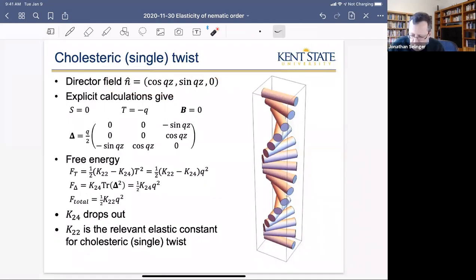So you might ask, what's the difference between that and the double twist that I showed you before? The answer is, if I put this director into my equations for splay, twist, bend, and delta, I see that it has 0 splay, 0 bend, non-zero twist, and non-zero delta.